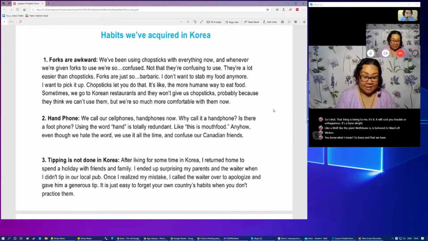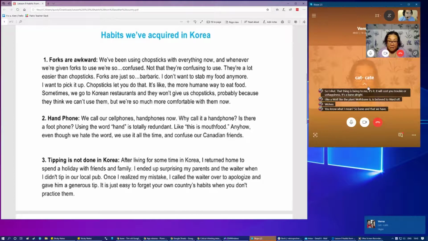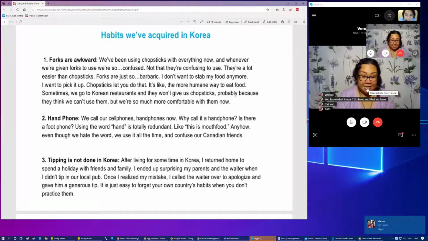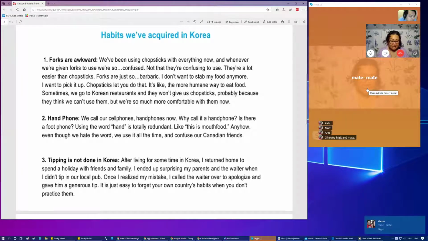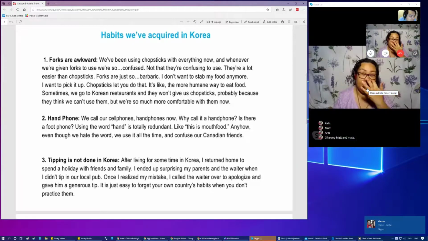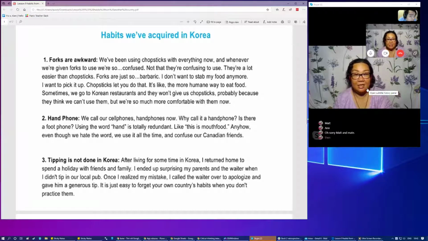And we have Matt and mate. See, so the A takes an A sound, and then the T, and then the E is silent.